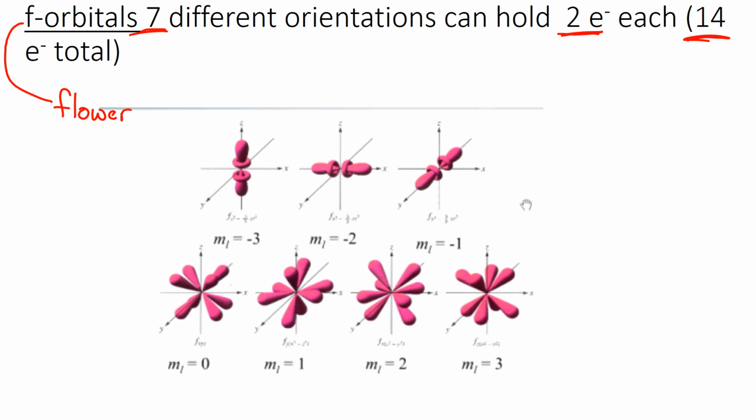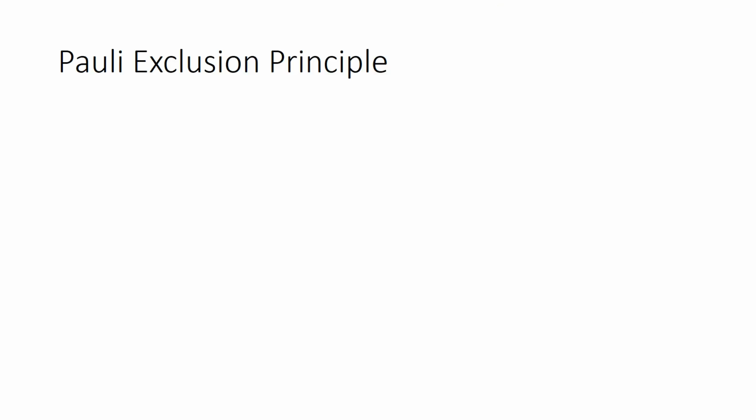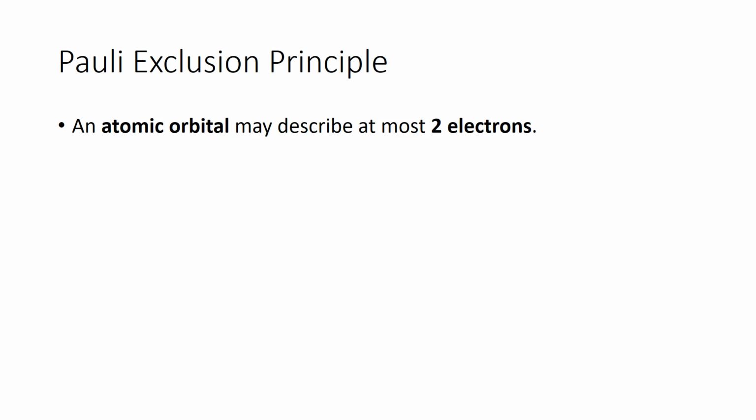So we have quantum levels, which are numbers 1 through 7. We have sublevels, which are S, P, D, or F. And then we have orbitals, which would be like the Px, Py, Pz. An orbital may describe at most 2 electrons. So an orbital can only describe 2 electrons.